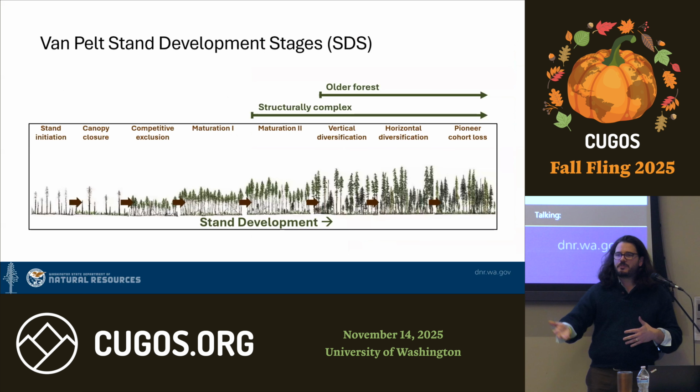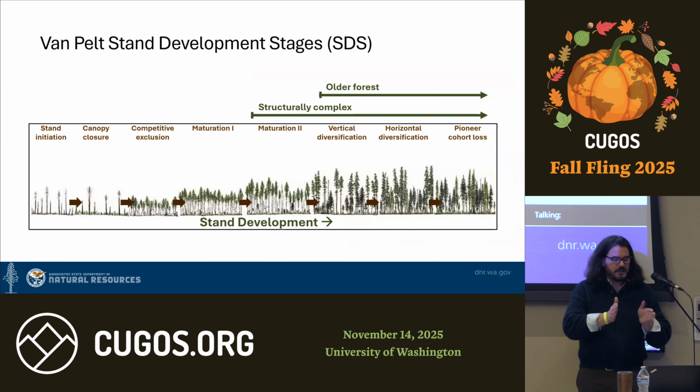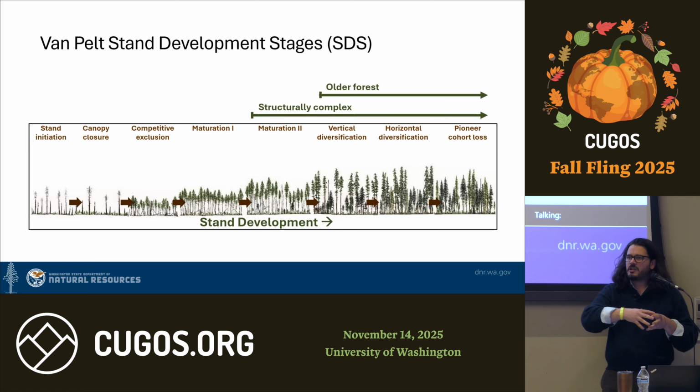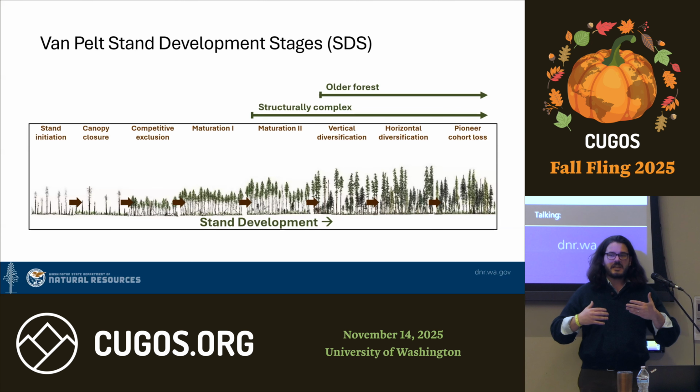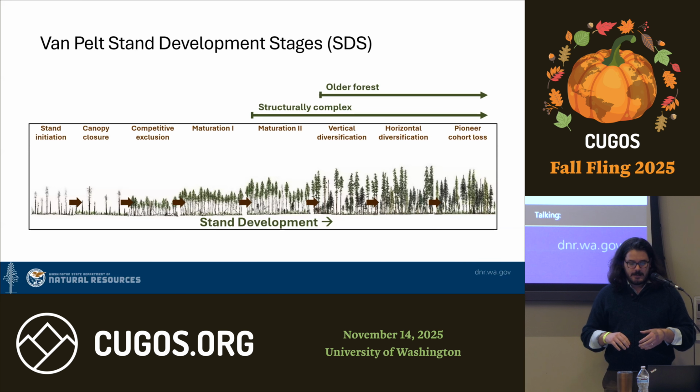So I'll talk briefly about what a stand development stage is. The way that we're defining that here is almost like a life cycle of the forest. You can see you have maybe stand initiation where you have a bunch of very baby trees, and then the stand gets older and it goes through these different cycles.